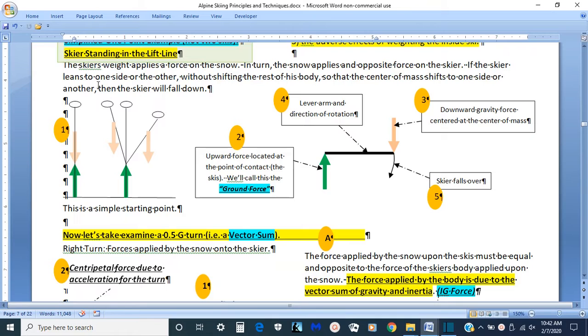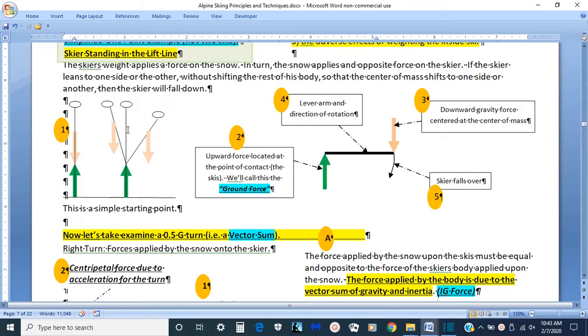The skier's weight applies a force on the snow, represented by this pink arrow. That's the force they apply to the snow. It's equal and opposite to the force that the snow applies upon your feet, so the forces cancel out, and you're not moving. You're just standing there.